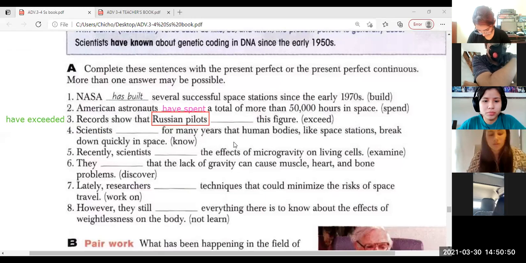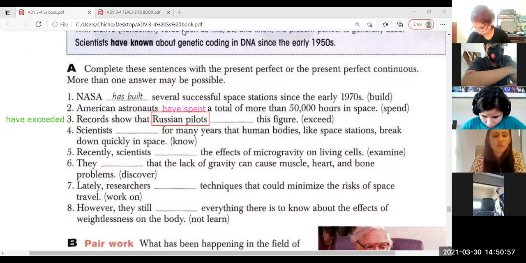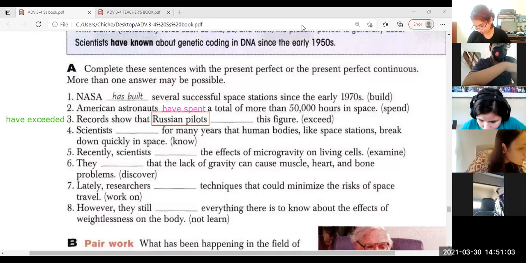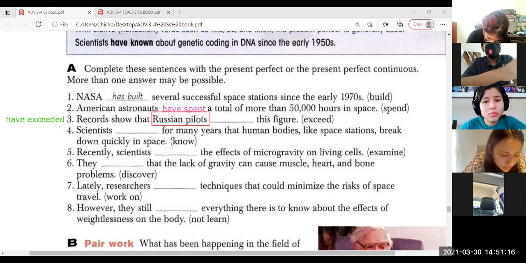Any ideas? Why can you use here the present perfect and not the present perfect continuous? What do you think? Because it's a sentence which starts in the past and does not mention if it continues up in the present.